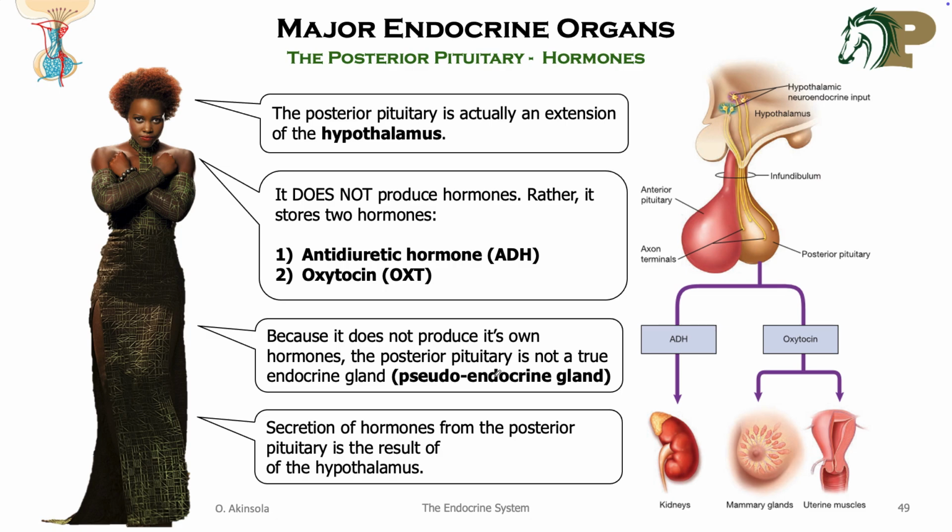Secretion of hormones from the posterior pituitary is the result of nervous stimulation of the hypothalamus. Okay? So of those 3 systems that we talked about, neural control, hormonal control, and humoral control, we're talking neural control here, because this is nervous stimulation.